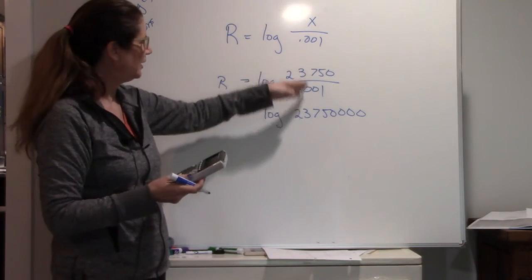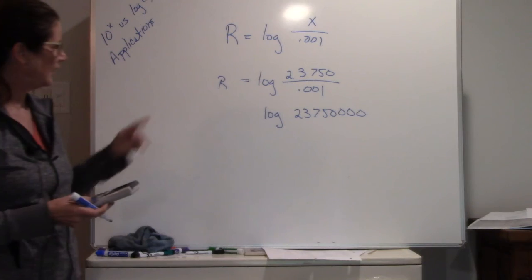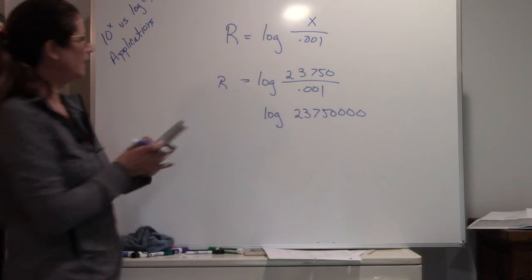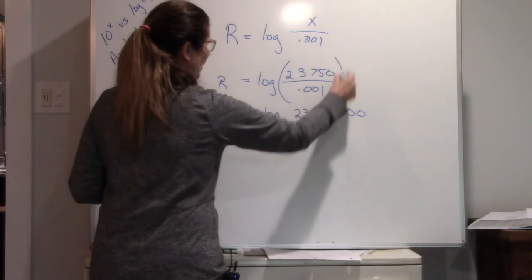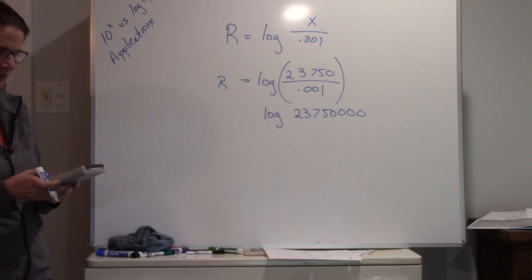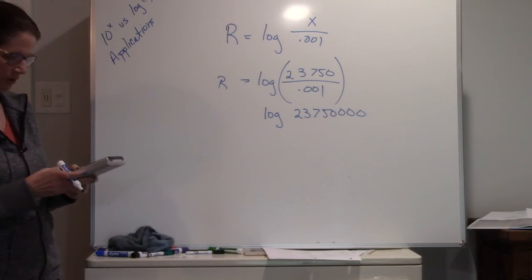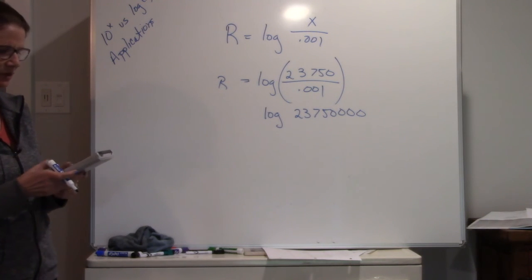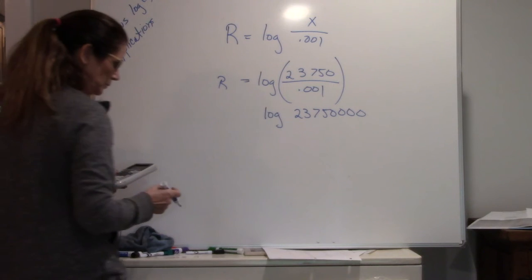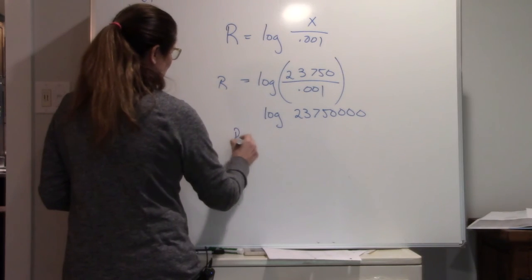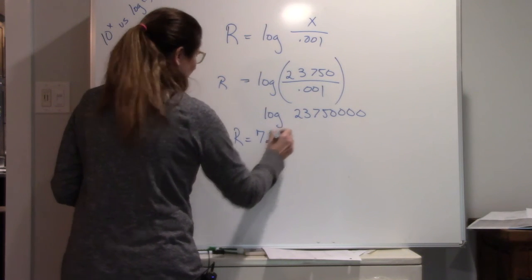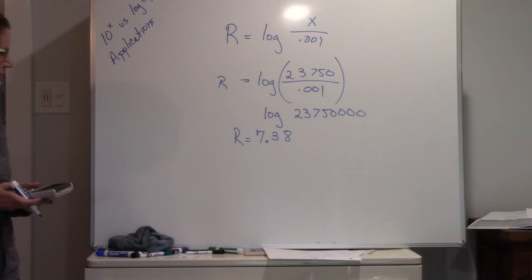You can calculate that and then take the log of it, or as long as you put parentheses around this whole thing, it will work. So log of 23,750 divided by 0.001, and then make sure you close it. The Richter scale is 7.38 if we're rounding to two places.